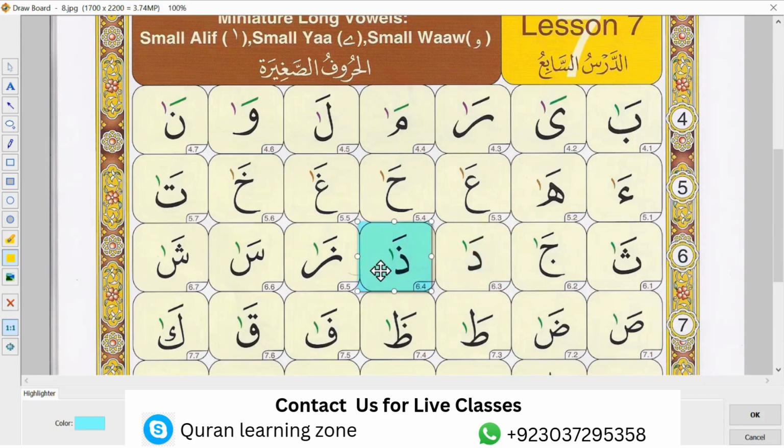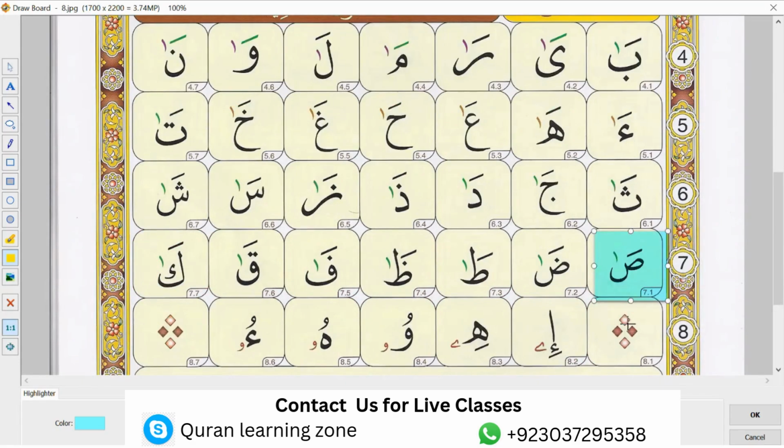The next one is sin khadi zabar sa, shin khadi zabar sha, sad khadi zabar sa, dad khadi zabar da, ta khadi zabar ta, za khadi zabar za, fa khadi zabar fa, qaf khadi zabar ka, kaf khadi zabar ka. So these are khadi zabar.